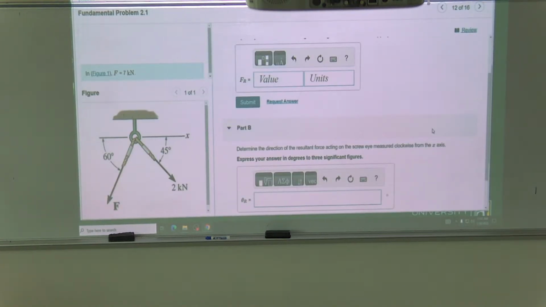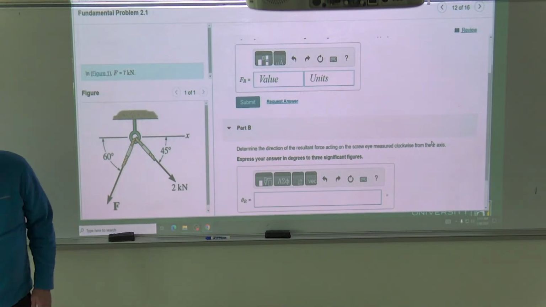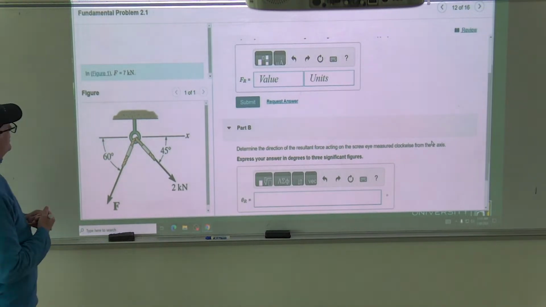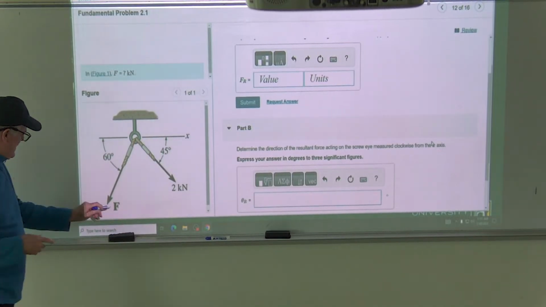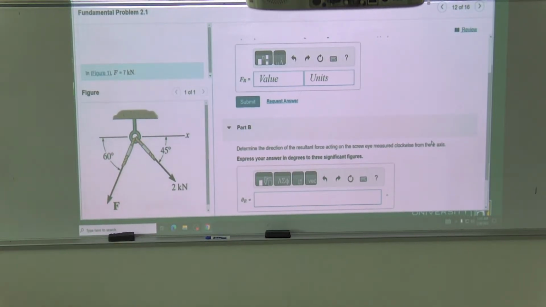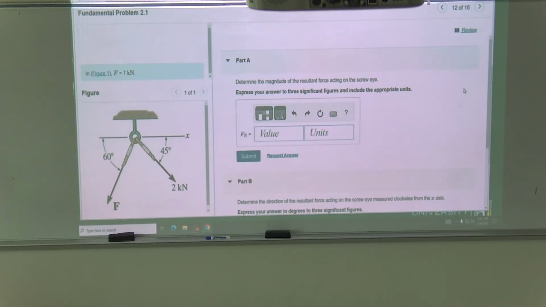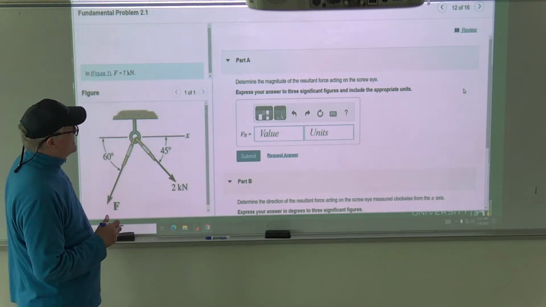This one matches and this one does not. Okay, so it just says in the figure F is equal to 7. So that's that thing. But I think I have to scroll up here. Okay, it says determine the magnitude of the resultant force acting on this thing.